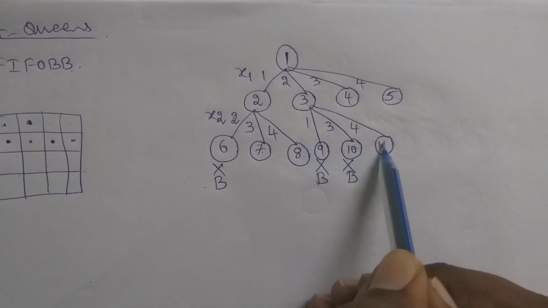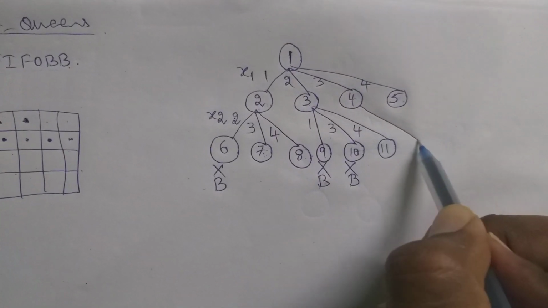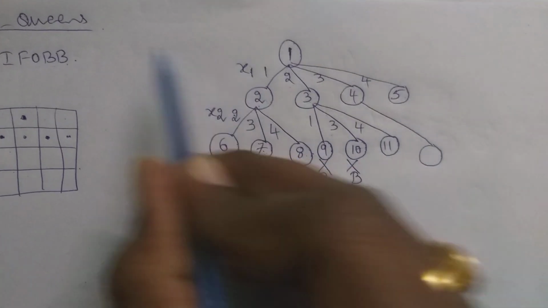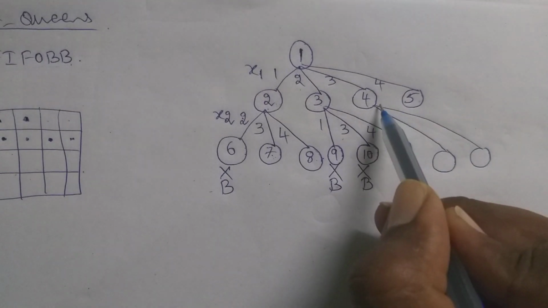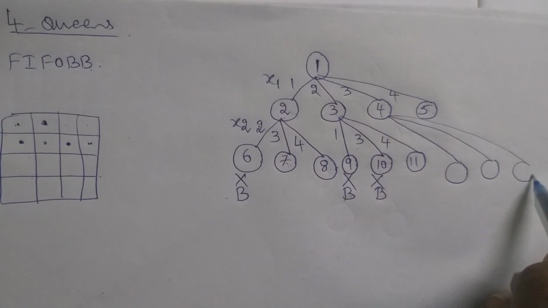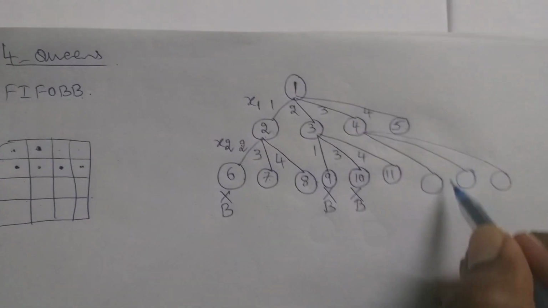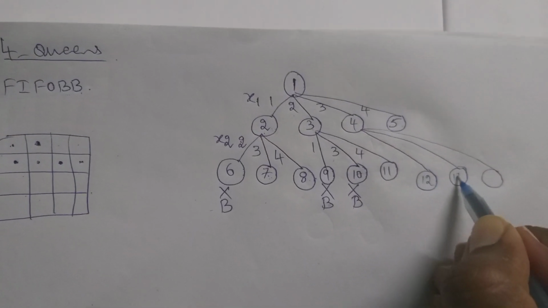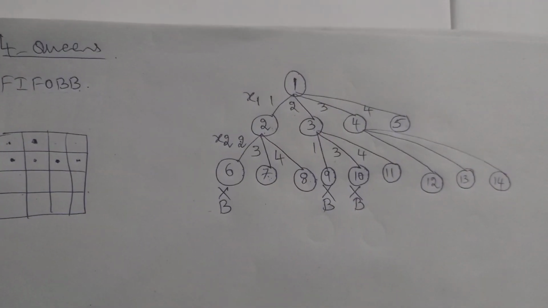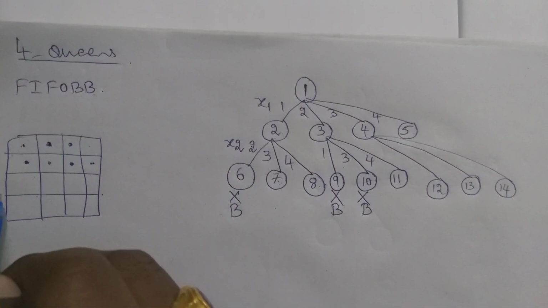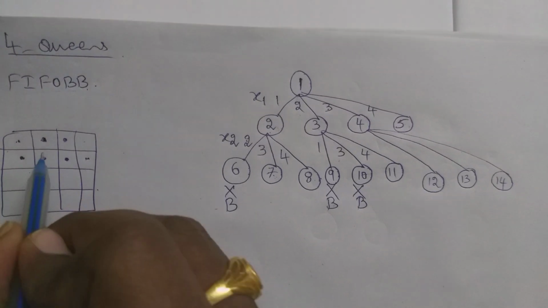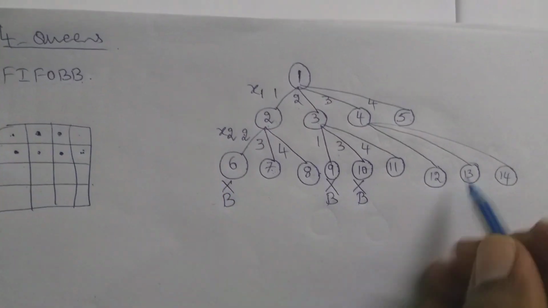Out of all these live nodes, 4 is first generated. Therefore, for FIFO branch and bound, we expand node 4 further, generating 12, 13 and 14. Queen 1 is placed in the third column. We check queen 2 for columns 1, 2 and 4.